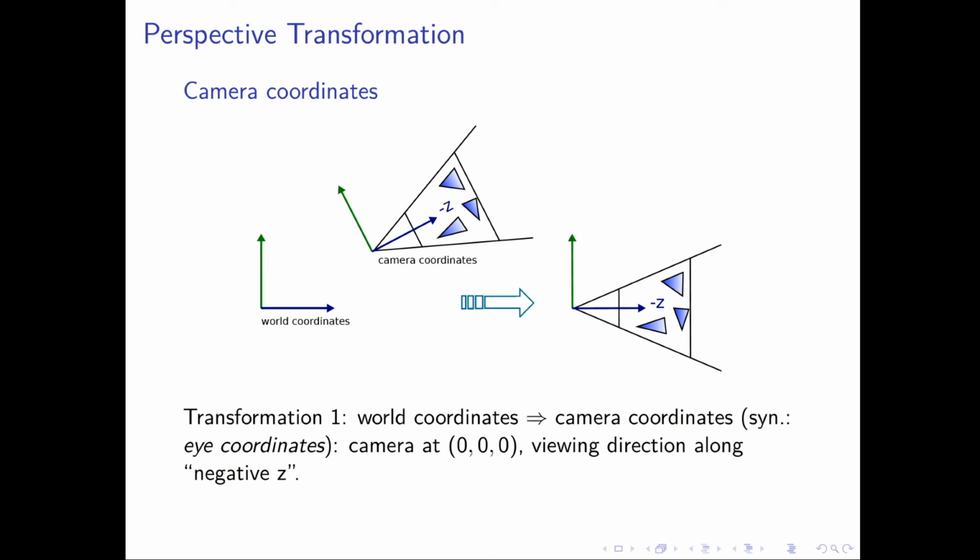This is a convention that holds true, for instance, for OpenGL. This is basically just an affine transformation that moves the camera towards the origin and orients the camera so that we're looking down negative z.